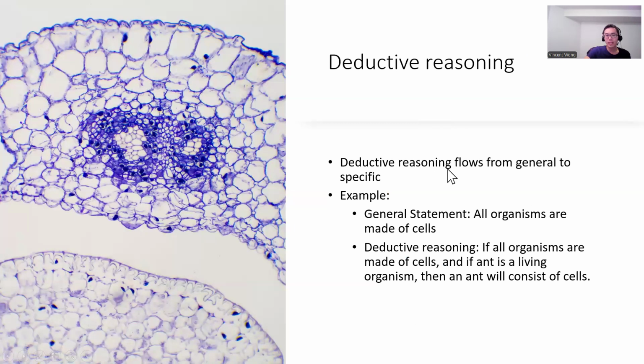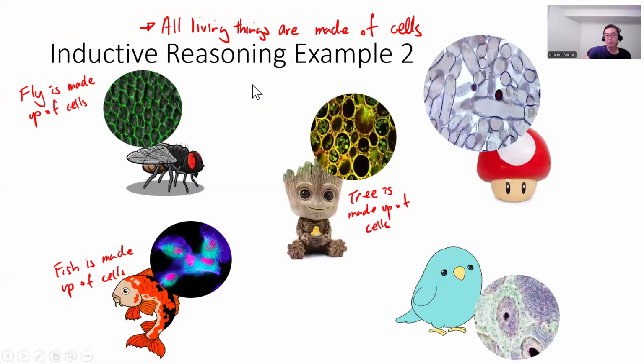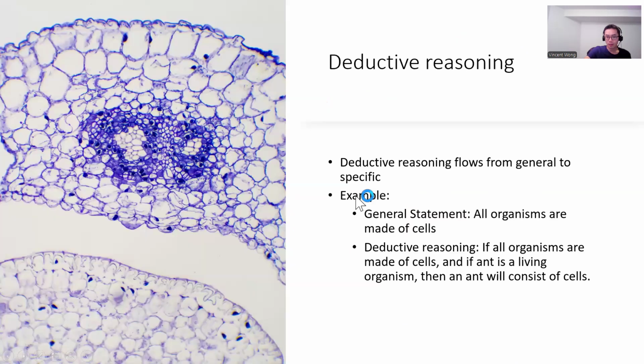So deductive reasoning flows from general to specific. Previously we made the conclusion that all living things are made of cells. So all living organisms are made of cells. When we do deductive reasoning, we are taking this general statement and applying it to a specific case.